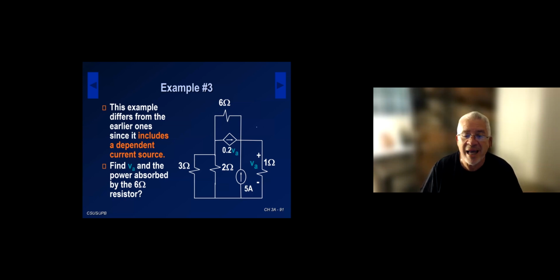Okay, so this problem is asking you to find VA and find the power absorbed by the 6 ohm resistor on top. So if we follow the discussion that we just had, let me just quickly show you the steps again. These are the steps that I'm talking about here.